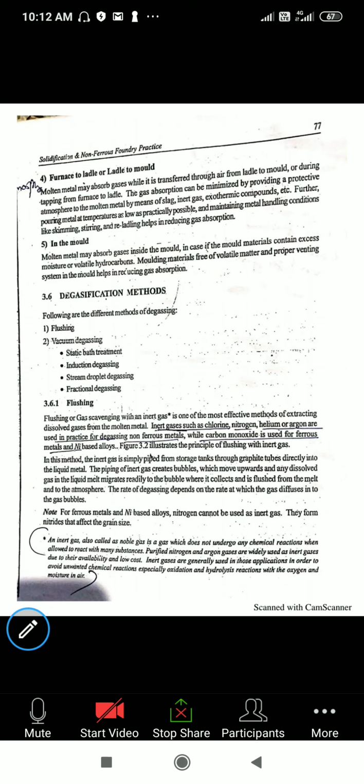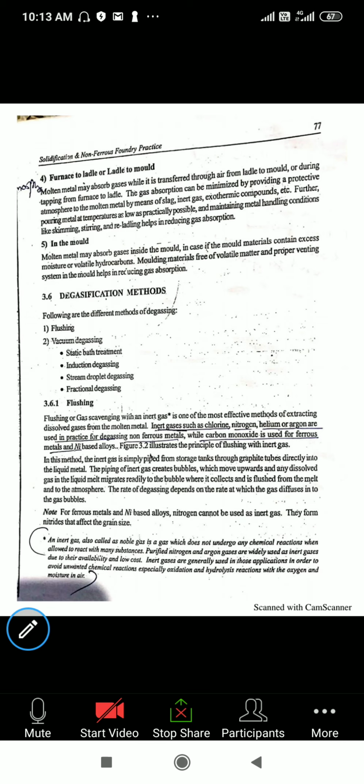Now the degasification method. So far you have heard how gases enter and the sources by which gases enter the molten metal. Now in this concept we are going to study the degasification method, how those gases have to be removed from that particular molten metal.